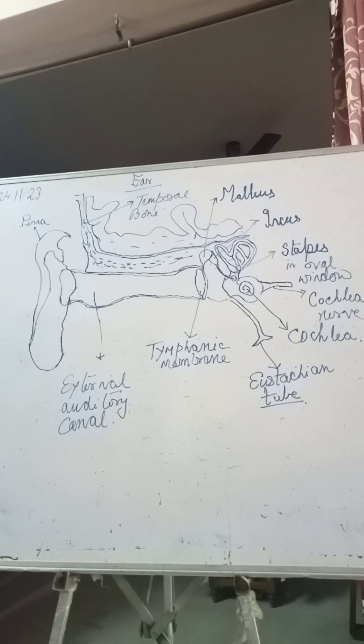You have to give emphasis to certain terms and words which are new for you in this class. So, the space in the cochlea is called scala media, and it is filled with endolymph.